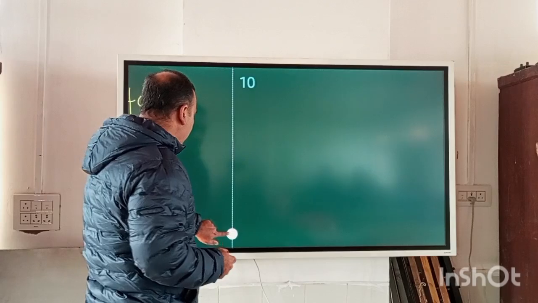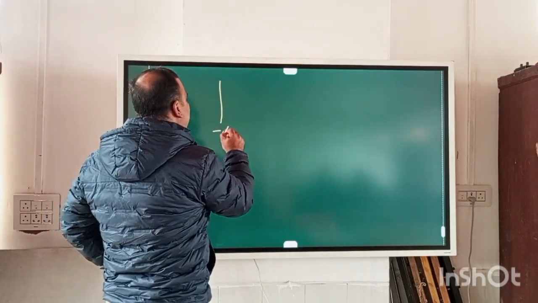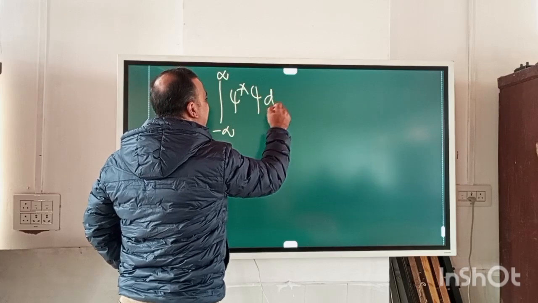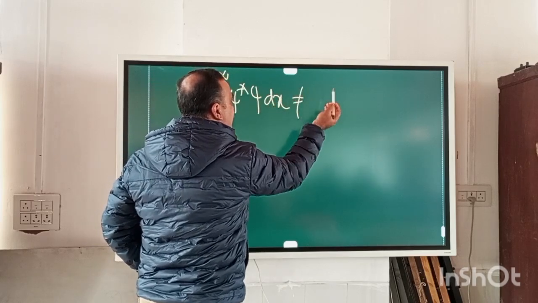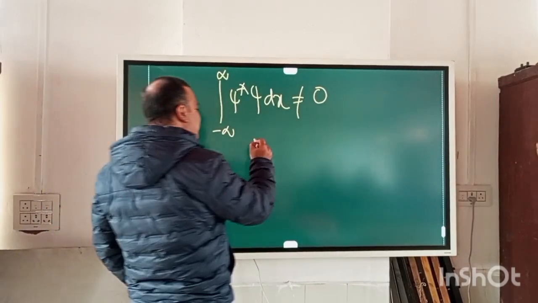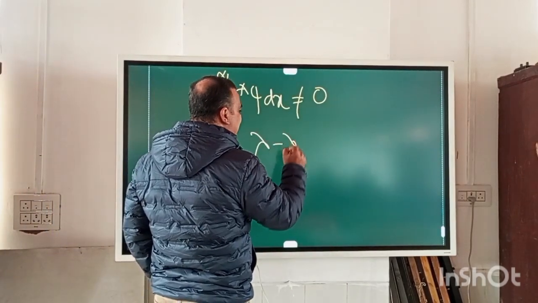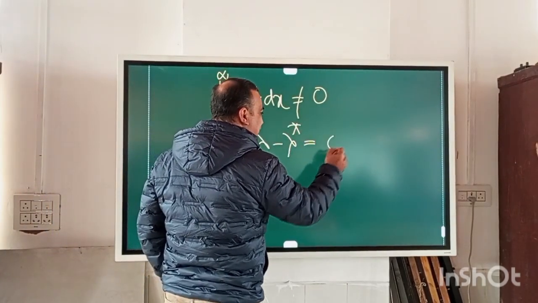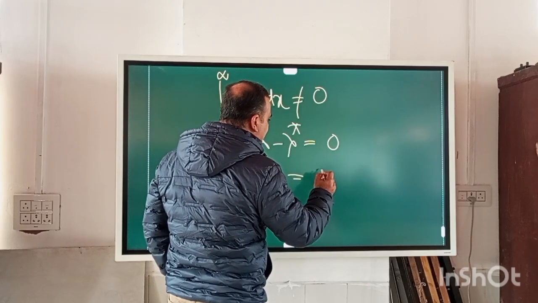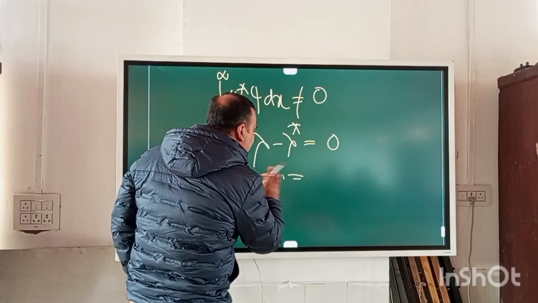So the integral from minus infinity to infinity of psi star psi dx is not equal to 0 because it's a normalized wave function. Then what is equal to 0? Lambda minus lambda star is equal to 0. That means lambda is equal to lambda star.